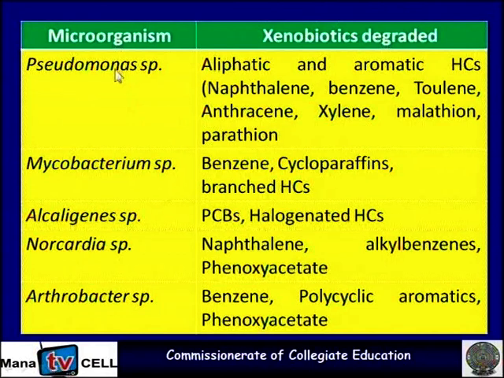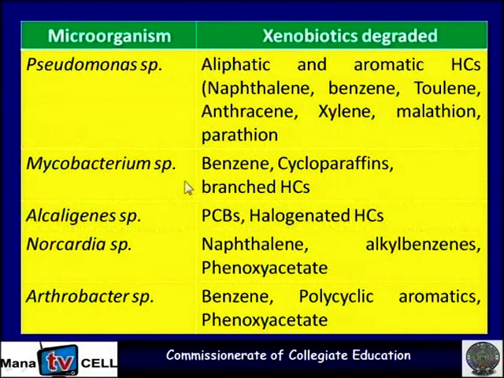Here we can see the list of microorganisms and the xenobiotics degraded. First, Pseudomonas can degrade aliphatic and aromatic hydrocarbons like naphthalene, benzene, toluene, anthracene, xylene, malathion and parathion, that is, bioinsecticides and biopesticides.